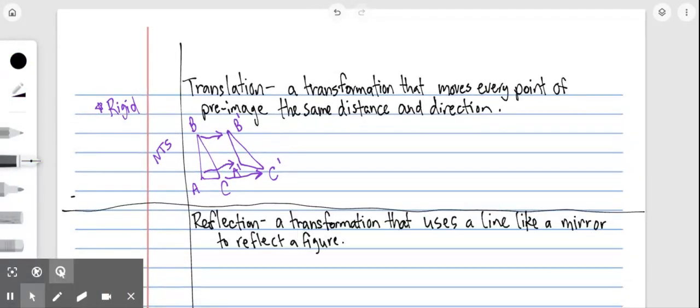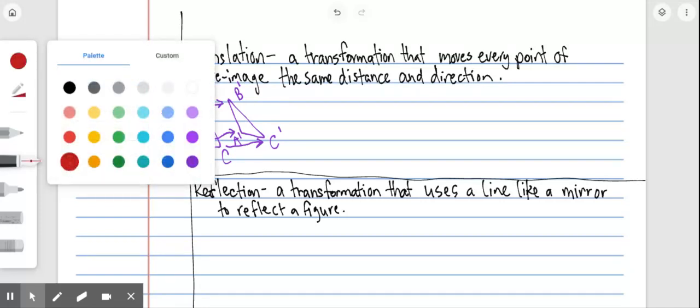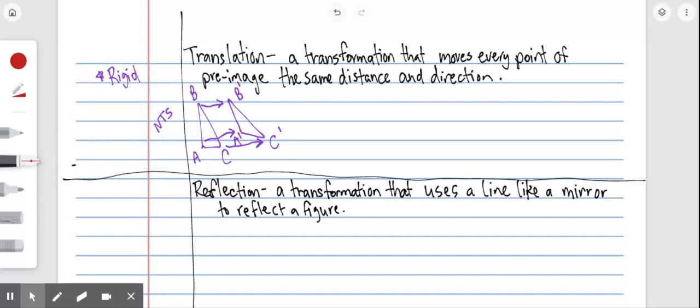A reflection is a transformation that uses a line, like a mirror, to reflect a figure. Now, this one is kind of hard to see if you have just a single point. But if you have a shape like that, and this is A, B, and C, what you would have is a line of reflection.